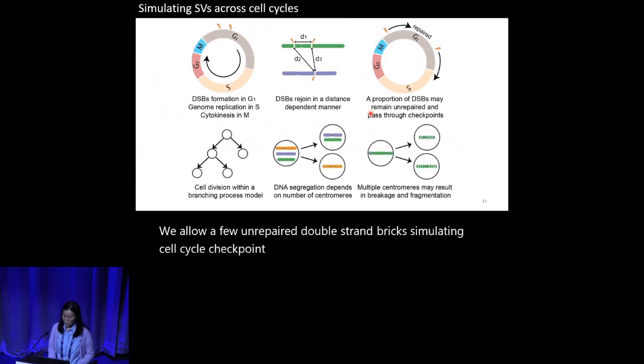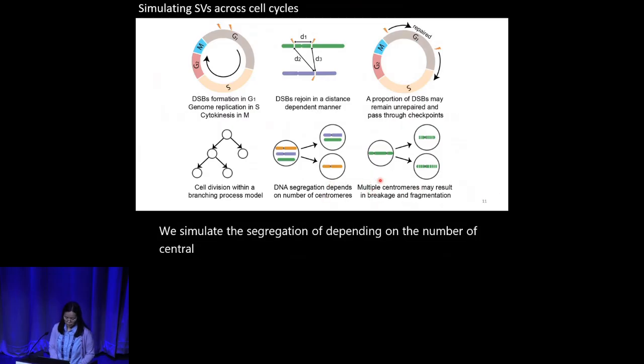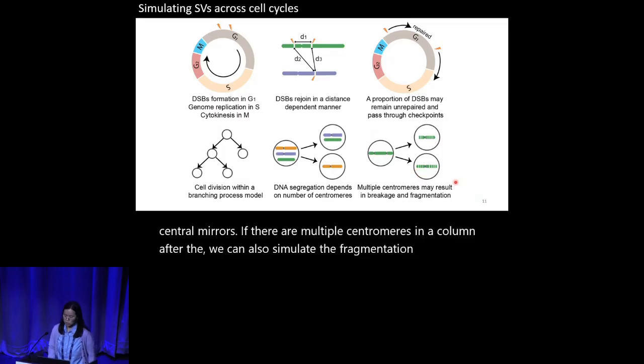We embed this process in a stochastic branching process. We simulate the segregation of chromosomes depending on the number of centromeres. If there are multiple centromeres in a chromosome after the chromosome fusion, we can also simulate the fragmentation and the breakage of the chromosome.